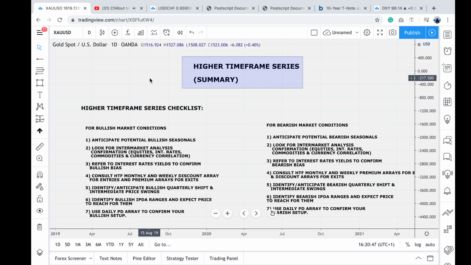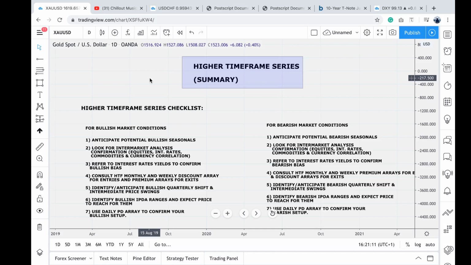So what this session is going to do is sum up everything we've covered in the last one month on the higher time frame series, via my higher time frame series checklist. This is what I do as a checklist, right? If you want to do a higher time frame analysis, this is what you need to have.